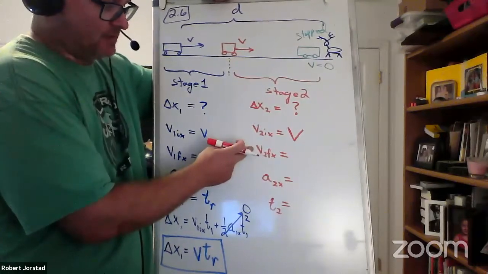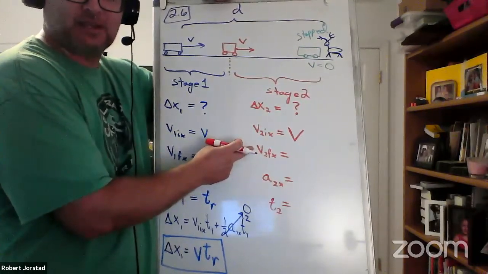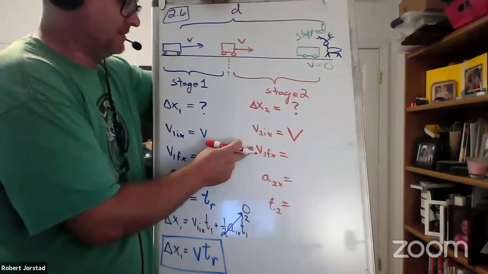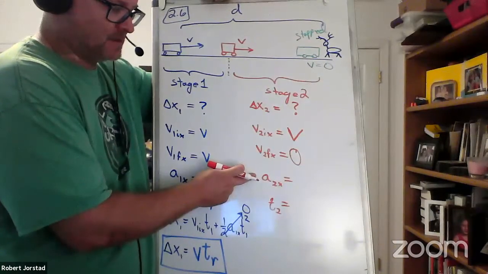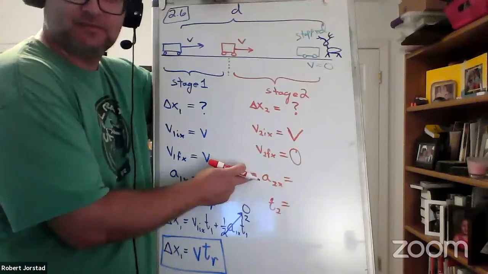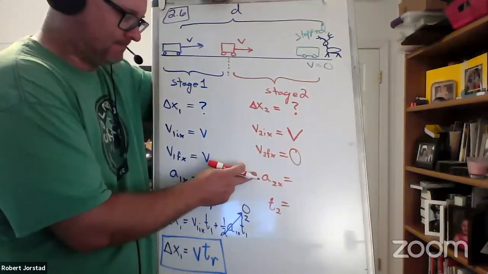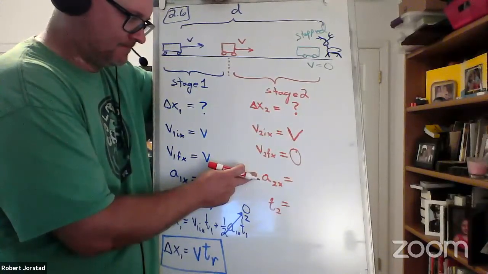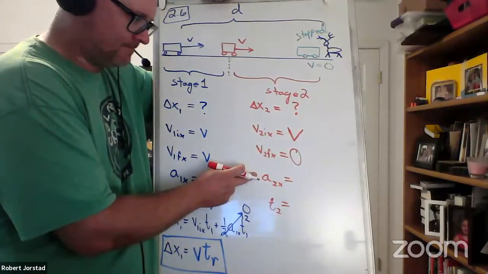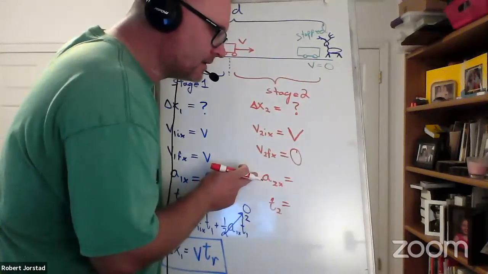All right. So V2 final. What do you think that's going to be? I got the chat up if you want to dump it in the chat too. 0. 0. Thanks. A2X. Is that going to be 0 or something else? It's going to be something negative, right?